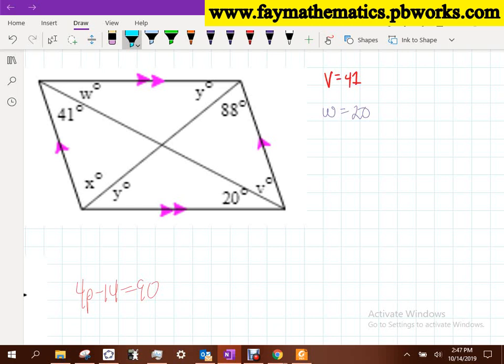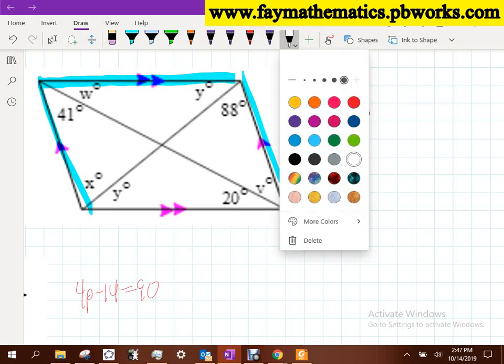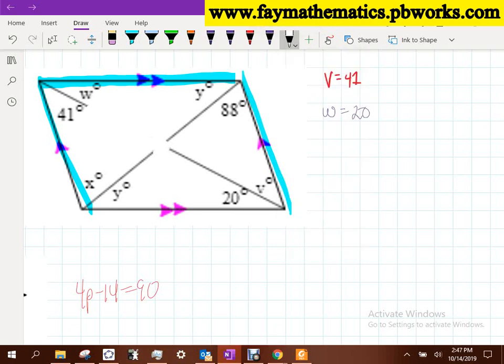Eventually, I think you're going to have to get down to the point where maybe you look at that, and that. So I've got these two parallel lines, and now that transversal up top. And what I'm going to do is erase this stuff.